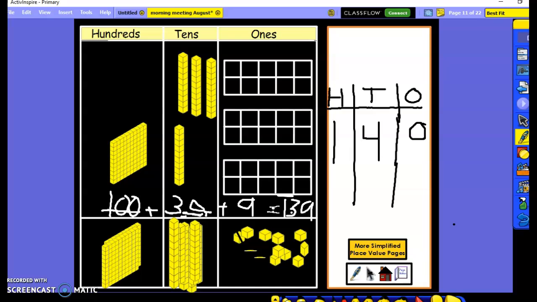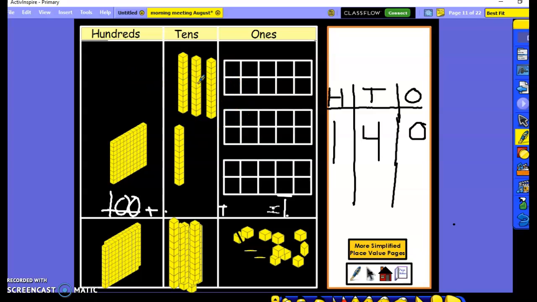So we are going to have to change up our math equation. Alrighty. So we have 100 here. So we have 100 plus, let's see how many are now with our tens.